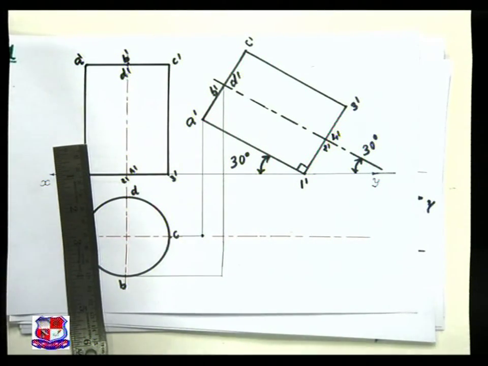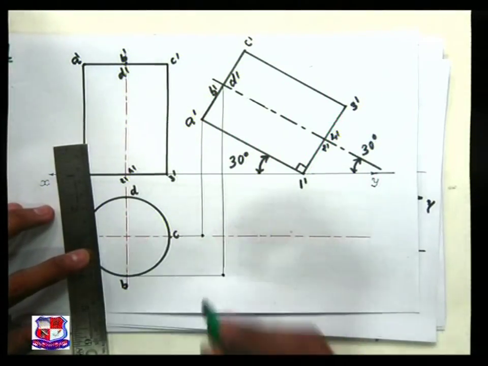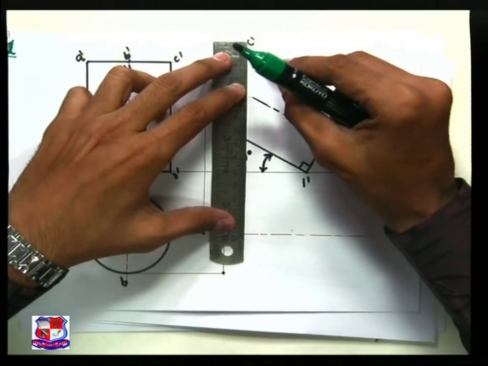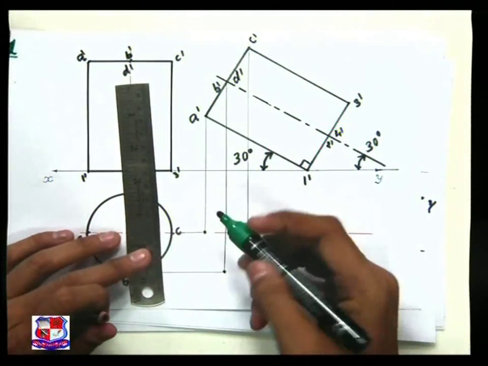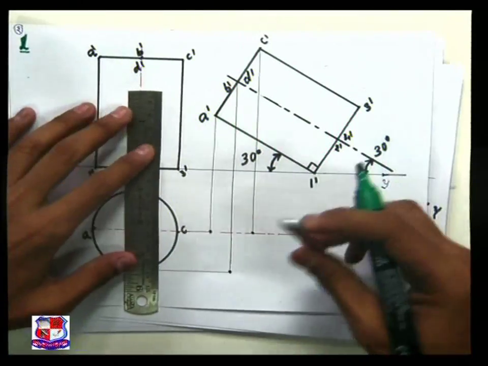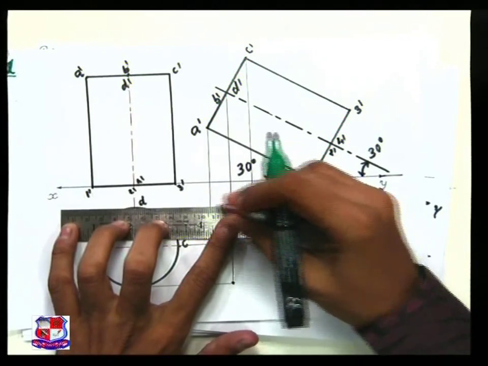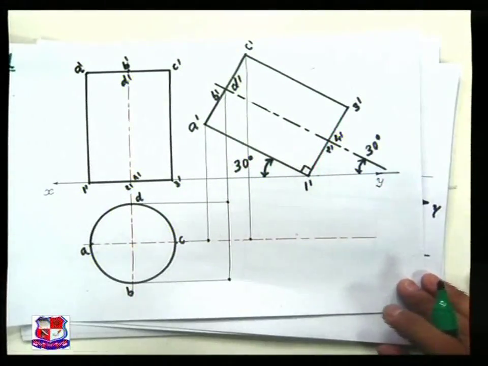Name that point as point B. Similarly a vertical line from point C dash, a horizontal line from point C, so point C would be here. Similarly a horizontal line from point D like this. So here the fourth point would be there. So we have located 4 points.